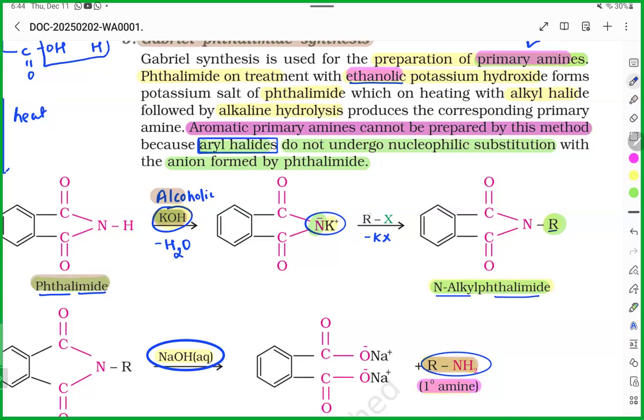Here we are adding alkyl halide. If you take a benzene ring in this case and then try to add, this bond will not break due to the partial double bond, right? Any doubt? No, sir.